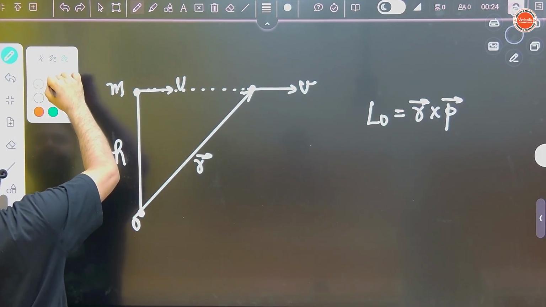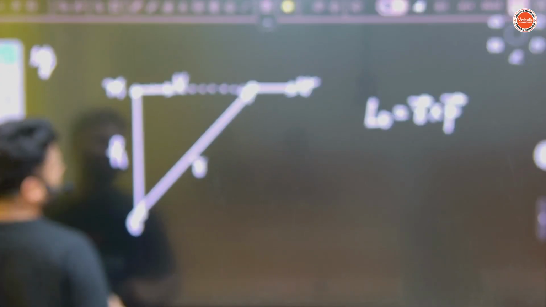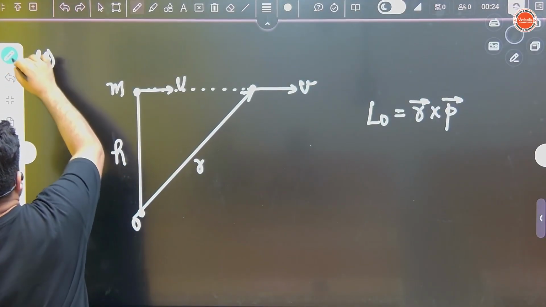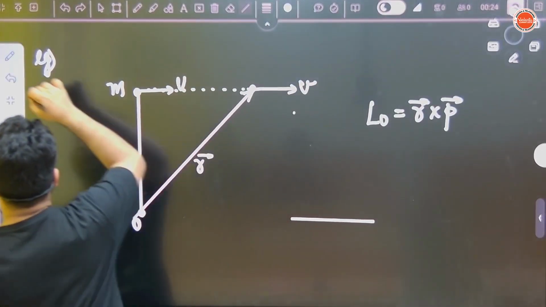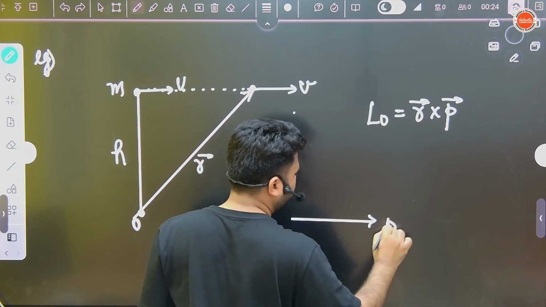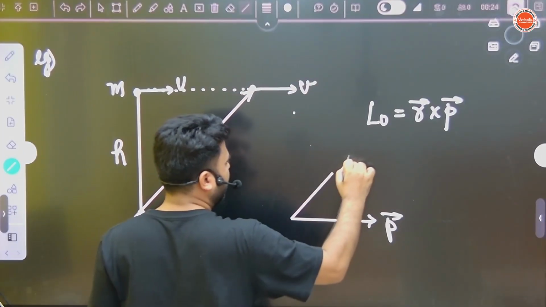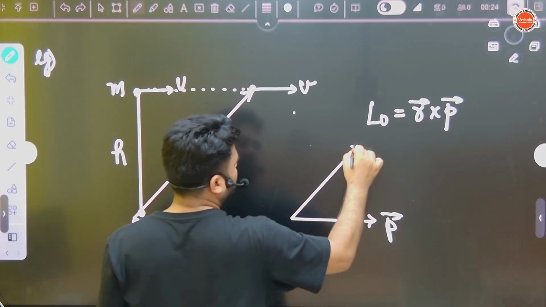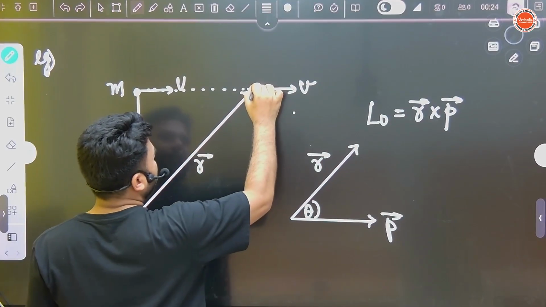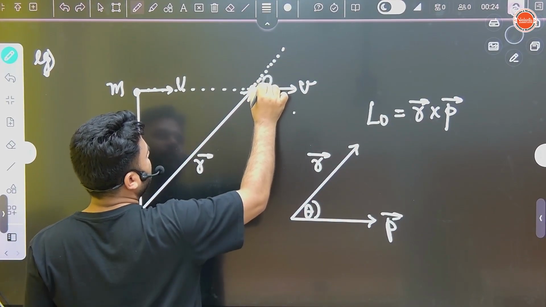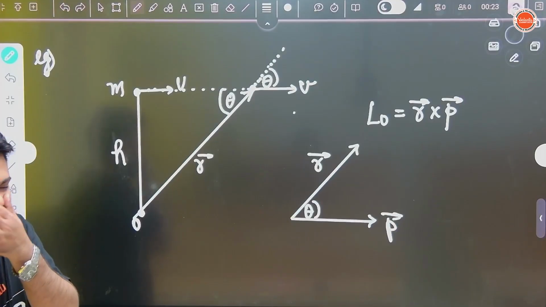Any vector you can shift, so I am drawing it here so that you understand better. This is my p vector because velocity is in this direction, and I can shift r parallel. The angle between r and p is theta, and this is also theta, vertically opposite angle.